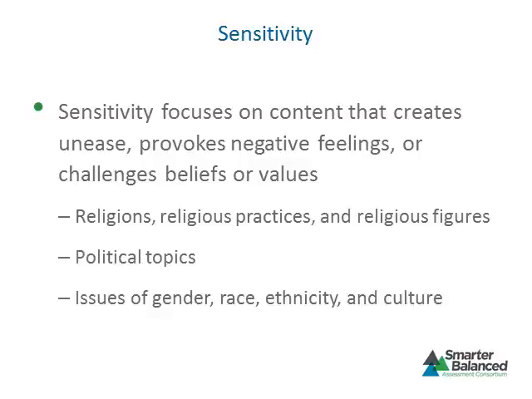Specific guidelines that focus on issues of bias and sensitivity have been developed for the Smarter Balanced Assessment Program and should be familiar to all people involved in developing and reviewing items and performance tasks. As shown a few minutes ago, accessibility extensions are powerful tools that expand the variety of students for whom an item or performance task is able to access the knowledge, skill, or ability that is the target of assessment.